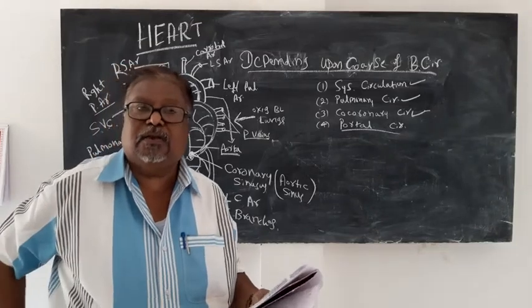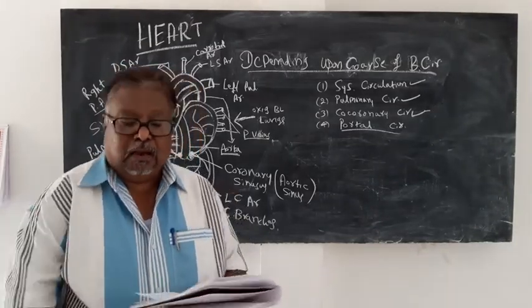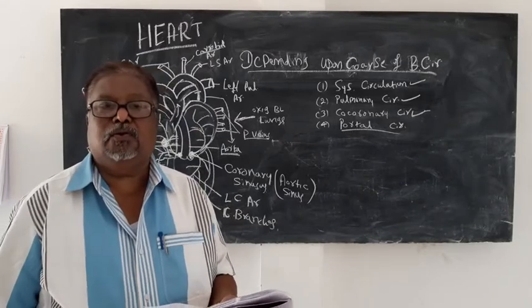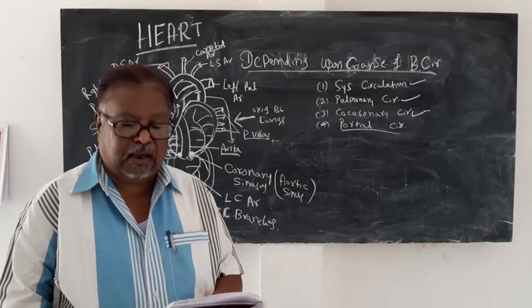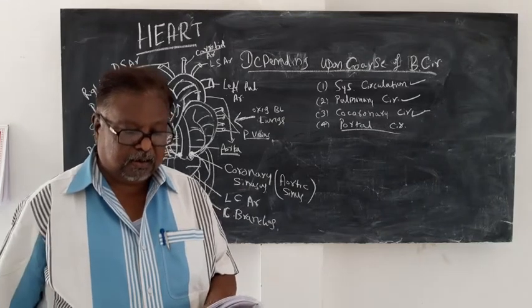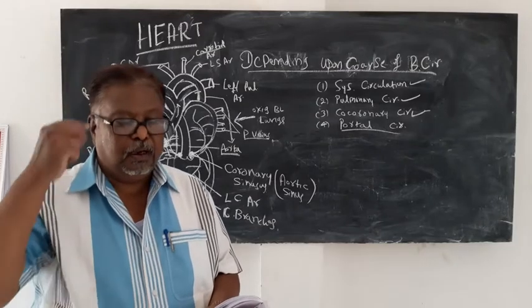Then these venules join together to form the major veins, and these veins go to the inferior vena cava and then to the heart. So this is all about the portal circulation.